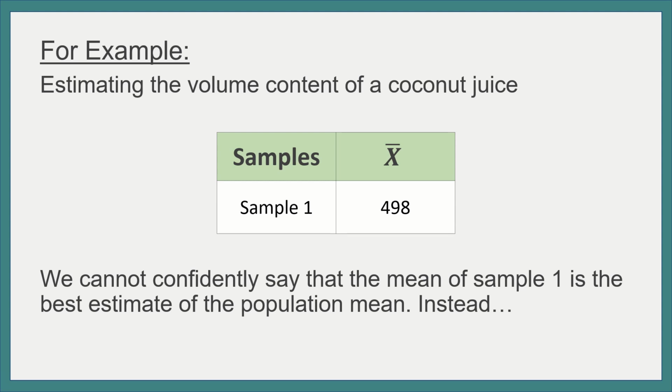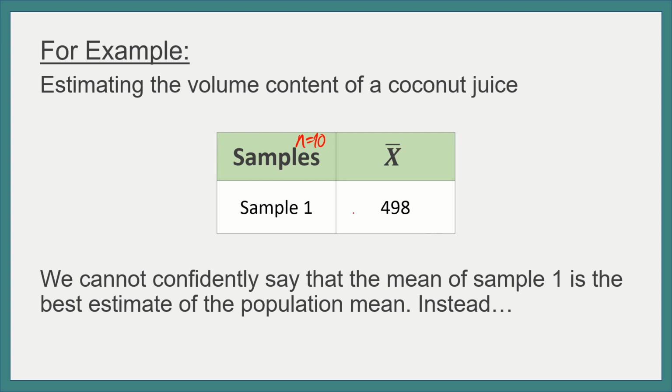For example, estimating the volume content of coconut juice. If you would like to estimate the volume content of coconut juice produced by, for example, company X, we can take a sample. Let's say sample 1, with a size of 10 coconut juices per sample.